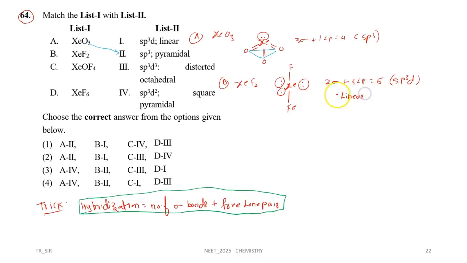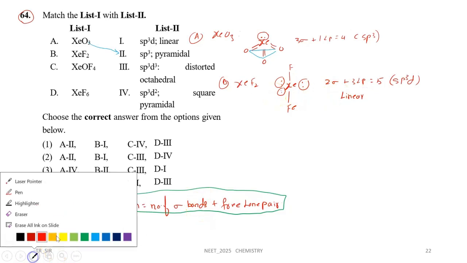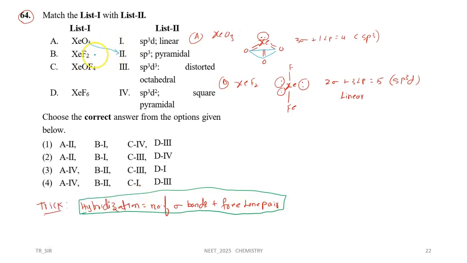So what option will come for us? The option will be sp3d hybridization as well as linear shape. So B matches statement two.